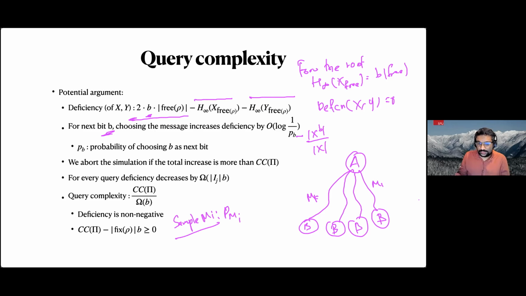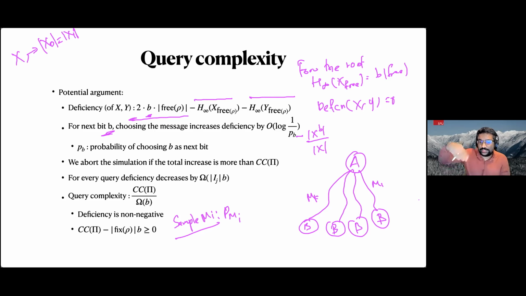So this increases the deficiency by the logarithm of this probability. For example, if it is equally distributed, so if we are choosing the next bit, and x gets split into equal halves x0 and x1, then this probability for both 0 and 1 would be half.